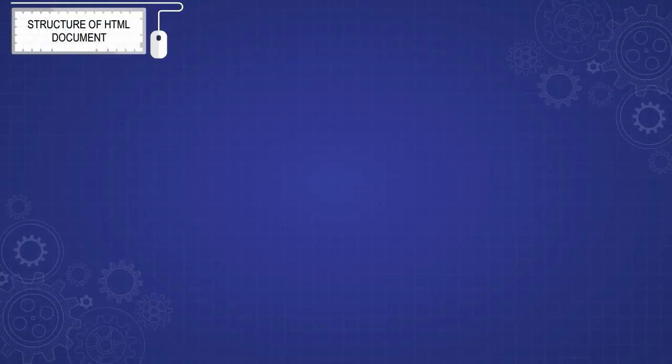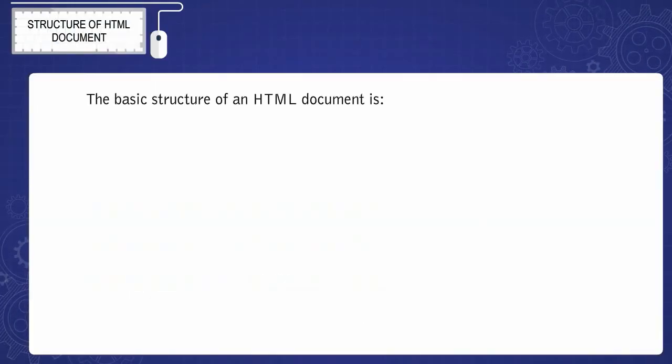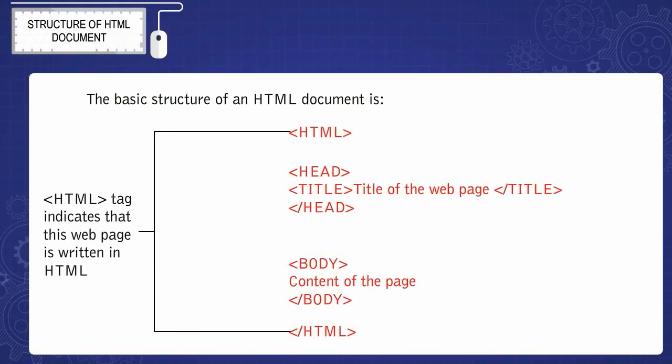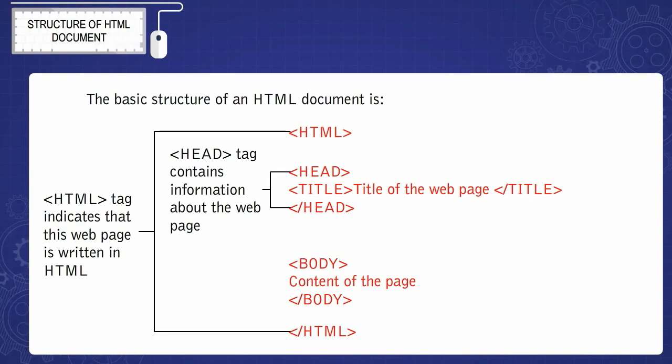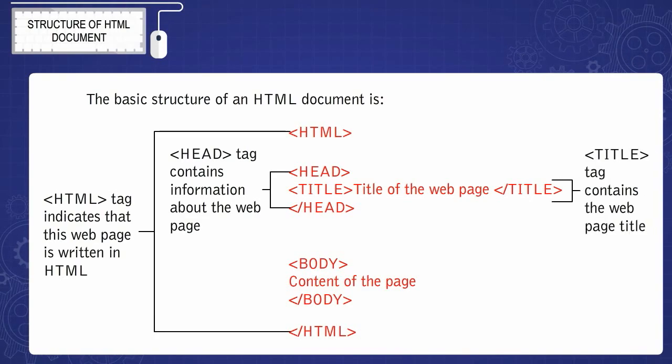Structure of HTML document. The basic structure of an HTML document is: HTML tag indicates that this web page is written in HTML. Head tag contains information about the web page. Title tag contains the web page title.